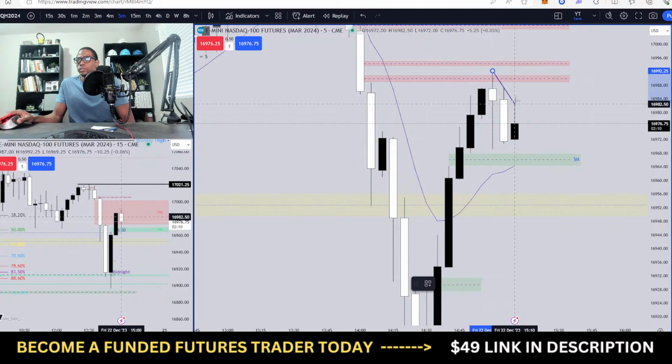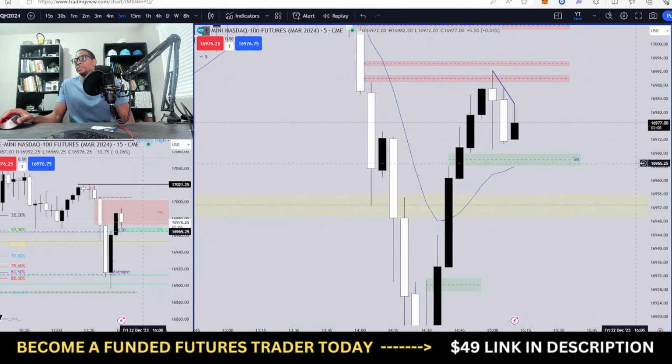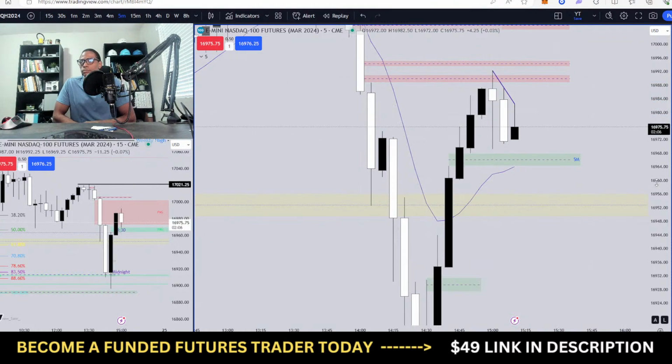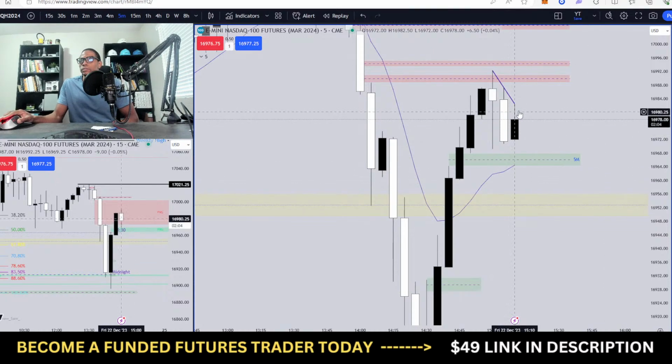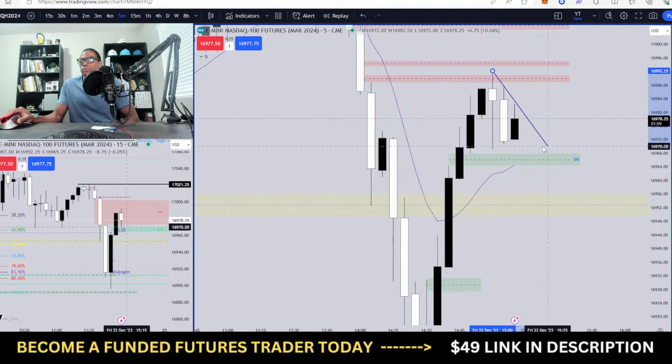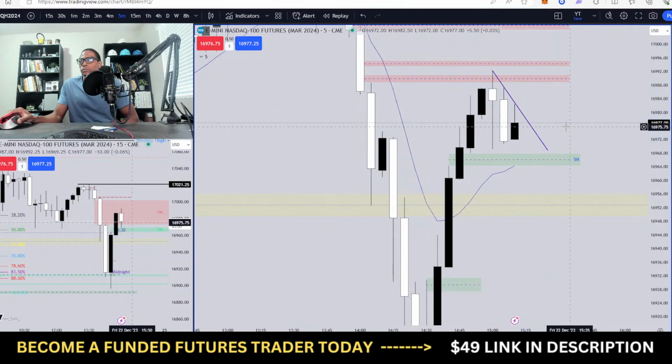All right, let's see if we can get a break of this trend line that it seems to want to create. We want to see that break. Just stretch it out a bit. Okay.